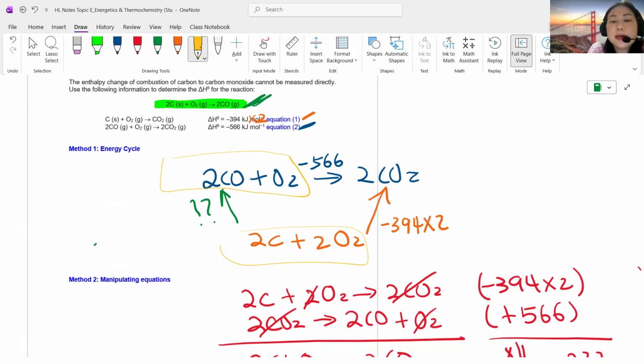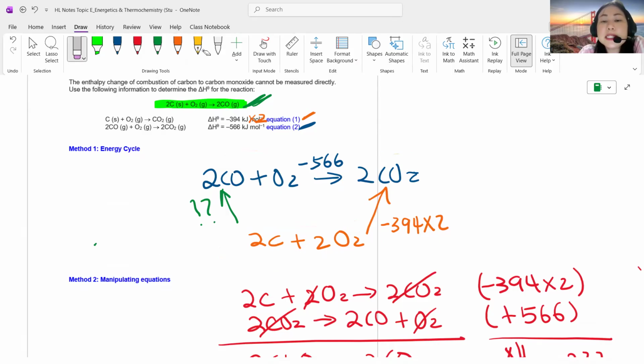Okay, I can check like this. I can also check the other side. Before the orange arrow, I have 2 carbon, 2 carbon. Before I have 4 oxygen atoms, so 2 times 2, 4. After also have 4. So the whole Hess cycle is balanced already, right?